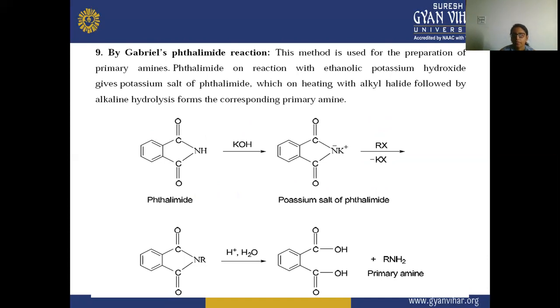From this there is the formation of an intermediate, which is then acidified, and there is a formation of the carboxylic acid. Carboxylic acid is formed here, plus your primary amine is formed. So by the Gabriel phthalimide reaction, the primary amine, which is the aliphatic amine, is formed from this phthalimide.